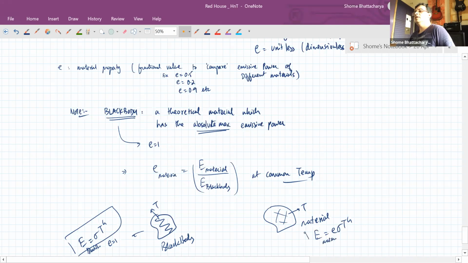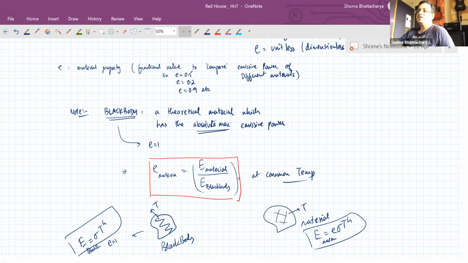not a theoretical black body. That's how you can see that we can define emissivity of a material as the comparison of the emissive power of that material with respect to the hypothetical black body if you keep them at the same temperature. So the black body is like the perfect emitter of heat. So how much that will emit per unit time, per unit area, in comparison to how much our given material will emit at the same temperature, that ratio is nothing but the emissivity, or small e.